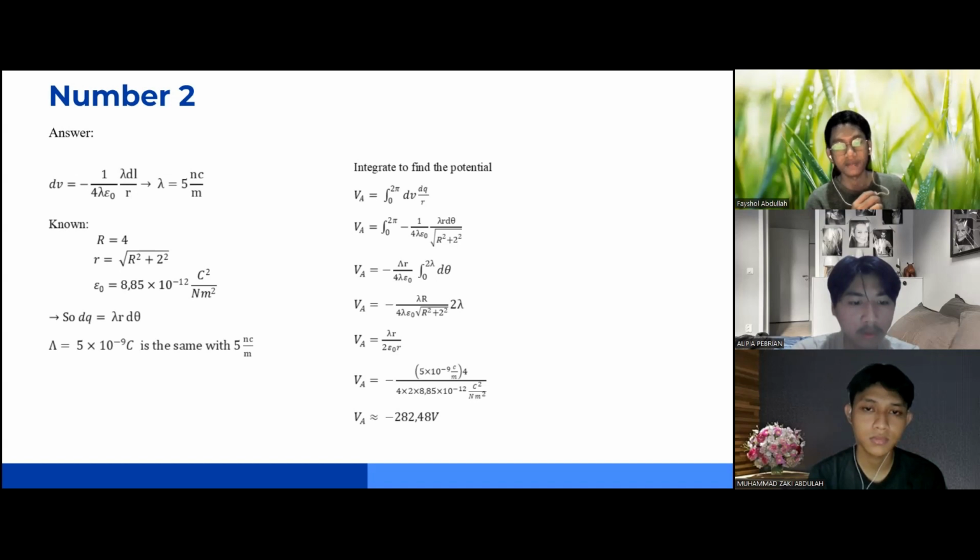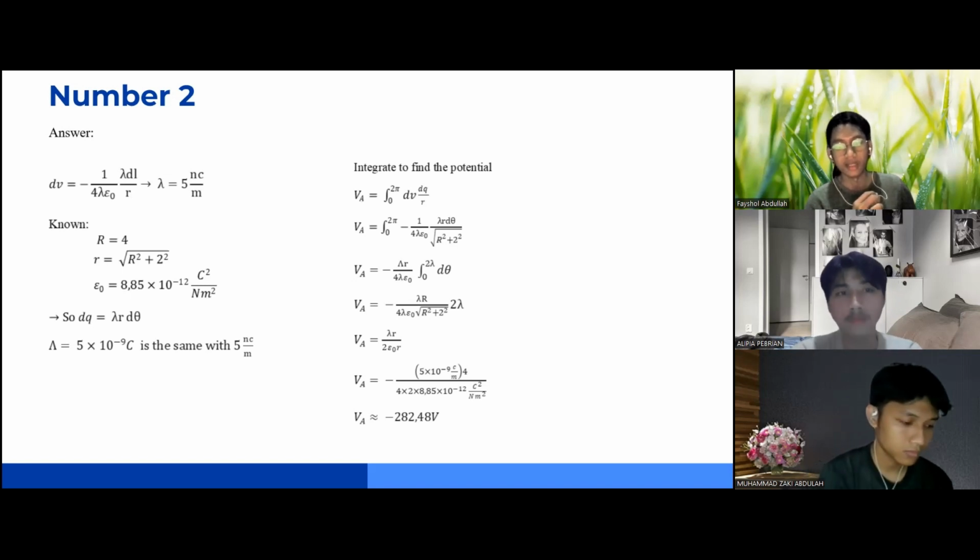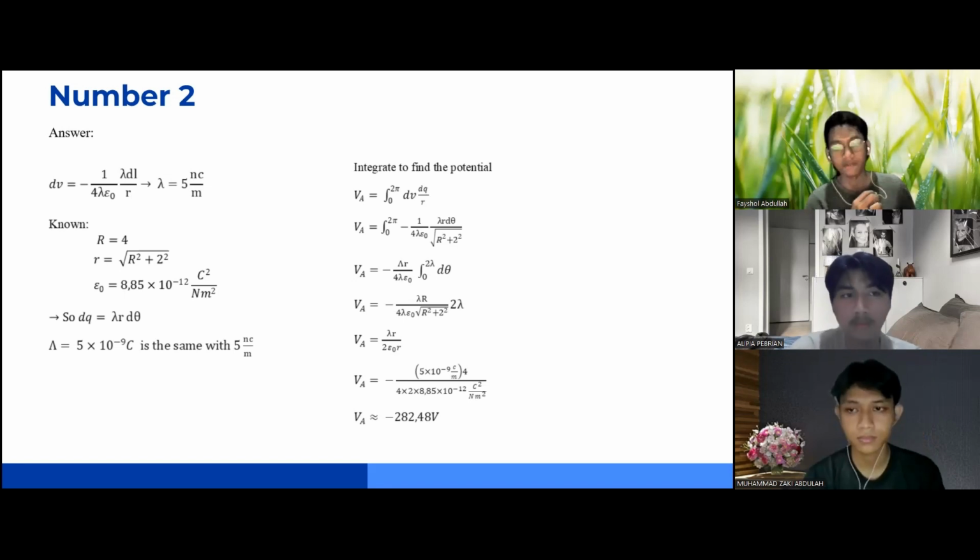The VA becomes λR over 4π ε0 times the integral from 0 to 2π of dθ, and it becomes λR over 2 ε0 times the root term. So the potential is approximately 182.40 volts.